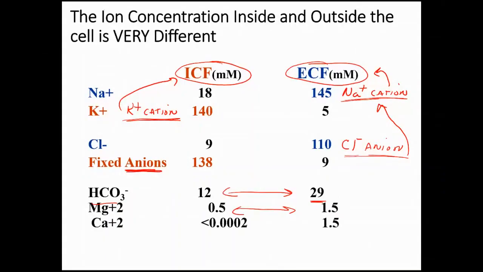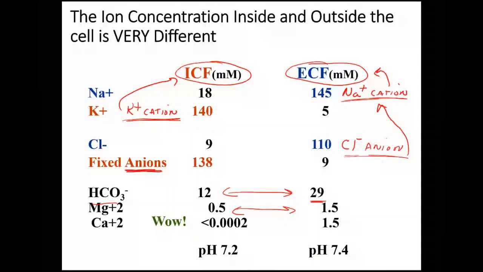But one of the most interesting things, even though it looks like we don't have a lot of calcium at all, there's a tremendous difference between the amount of calcium that's going to be free inside the cell versus the amount of calcium that's going to be present outside the cell.